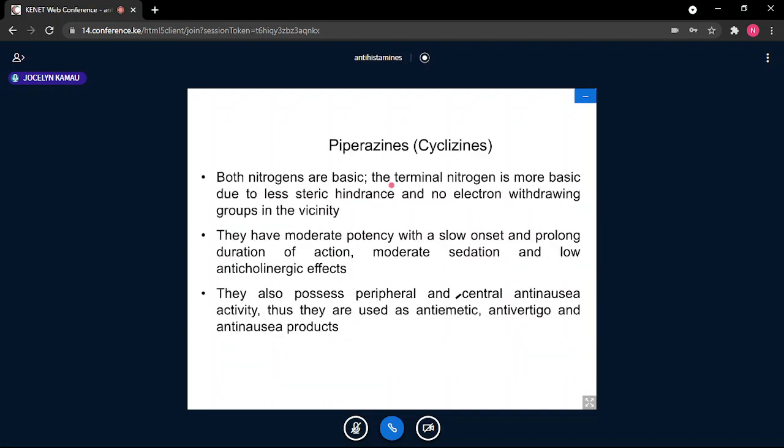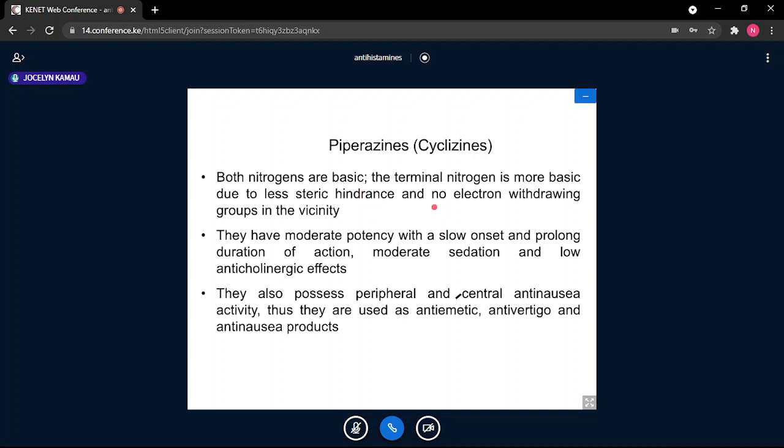So piperazine, cyclizine: both nitrogens are basic, and you can see why. These are piperazine derivatives, and none of those nitrogens is attached to a phenyl ring. Therefore the nitrogens have retained their lone pair of electrons, and can be used for bonding.